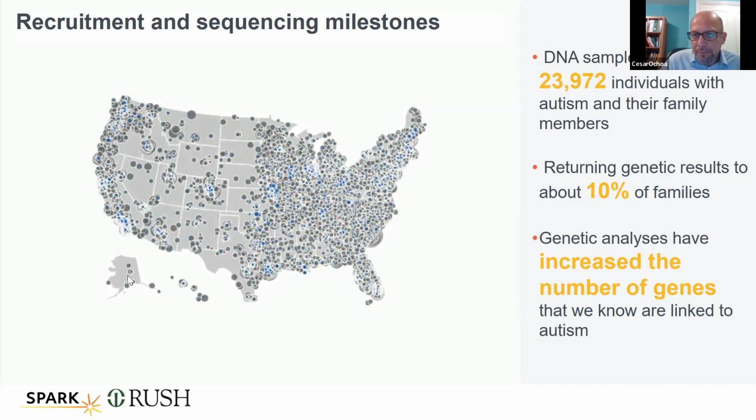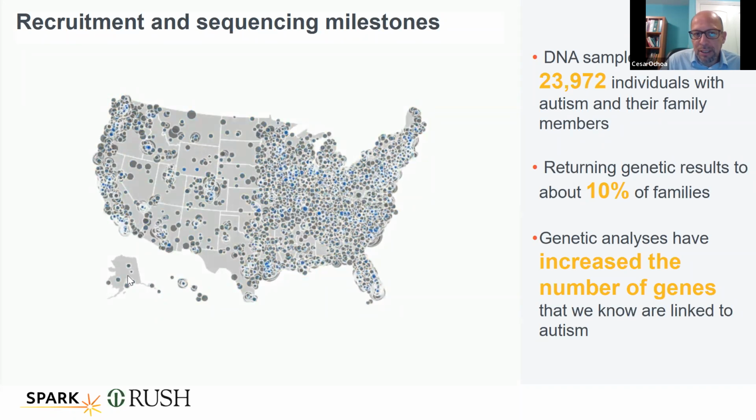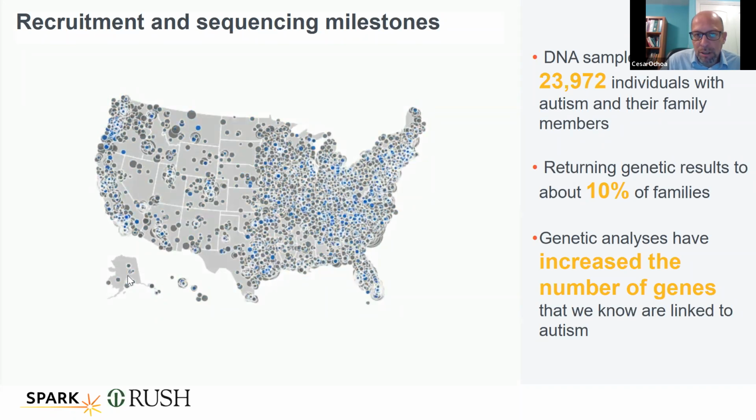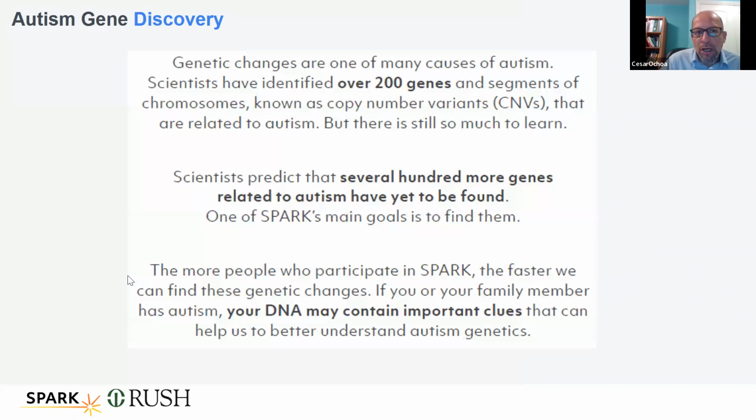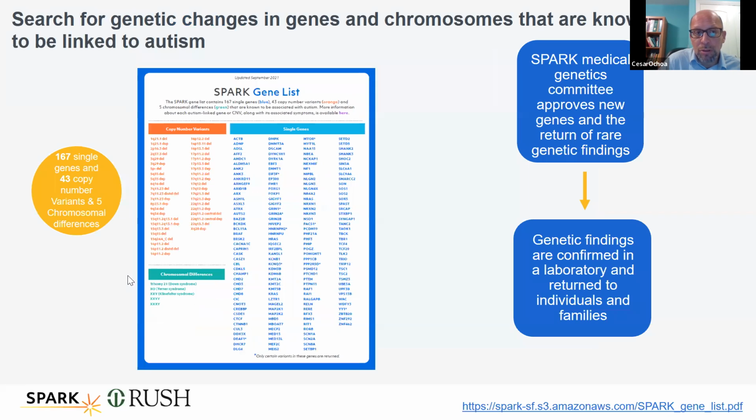And genetic analysis has increased the number of genes. So scientists have discovered over 200 genes. The scientists predict that several hundred more genes related to autism have yet to be found. And finding the cause for autism, like we mentioned before, may contain important clues.